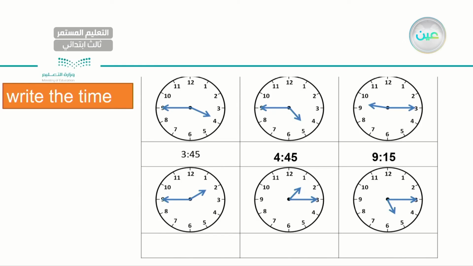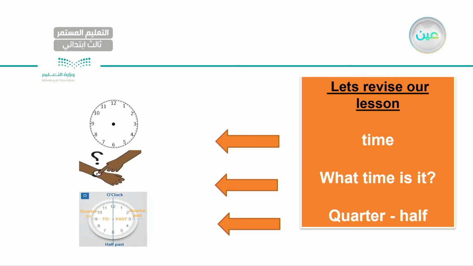Or quarter past 9. Next, we might say 1:45 or quarter to 2. Excellent. Remember, we can answer both ways. Next one, it is 1:15 or quarter past 1. Excellent. And the last one, it is 5:15. Excellent, my dear student.